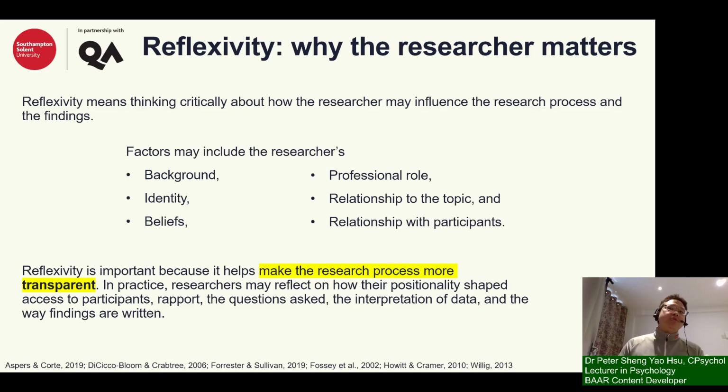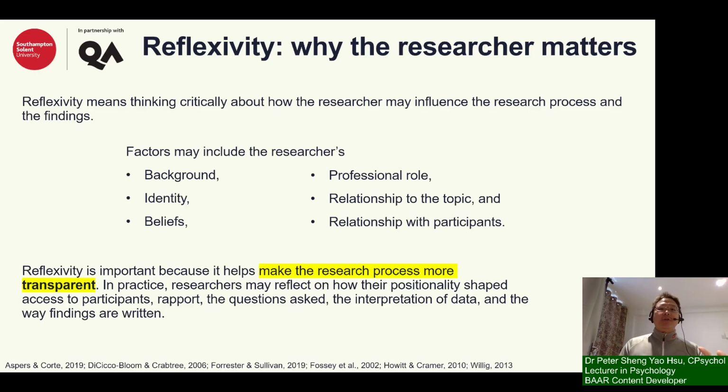In qualitative research, the researcher does matter, and good qualitative research acknowledges this rather than pretending the researcher is completely neutral. So the key point here is that reflexivity helps make qualitative research more transparent and better justified.